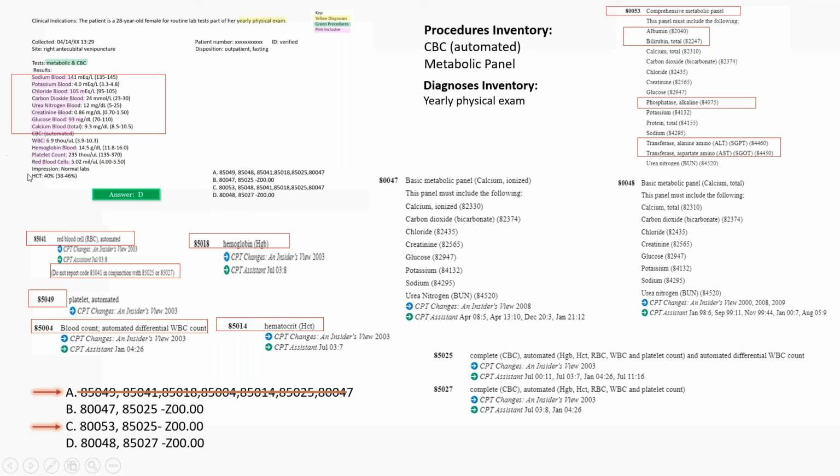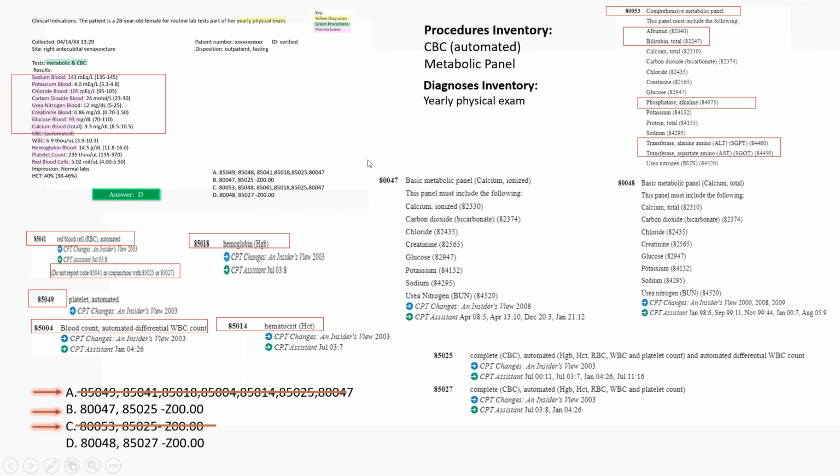These tests were not performed in our scenario. You see that, coders? So will we code something which is not performed? Are we supposed to code something which is not performed? No. Yeah, that would be fraud. So we won't be coding option C as well.